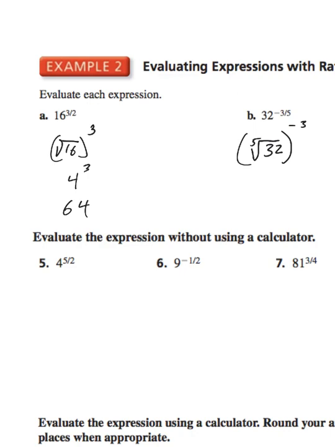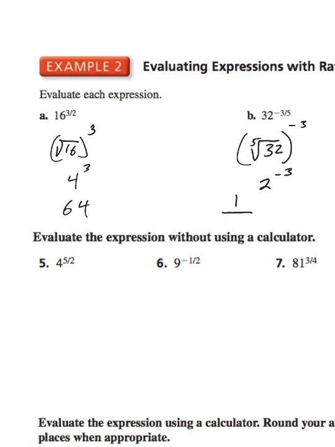So this is going to be the same as 2 to the negative 3. Now the question is, what do we do with that god-awful negative number? It's 1 over 2 to the third. Thank you. That's the same as 1 over 2 to the third.